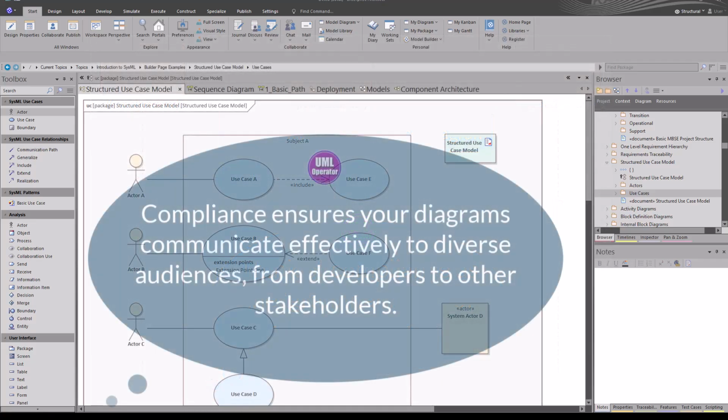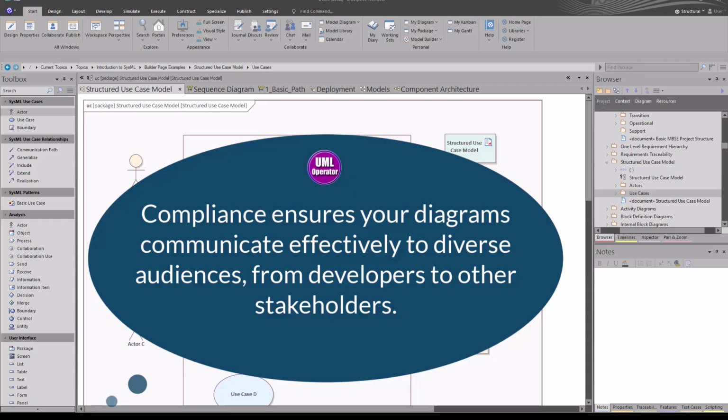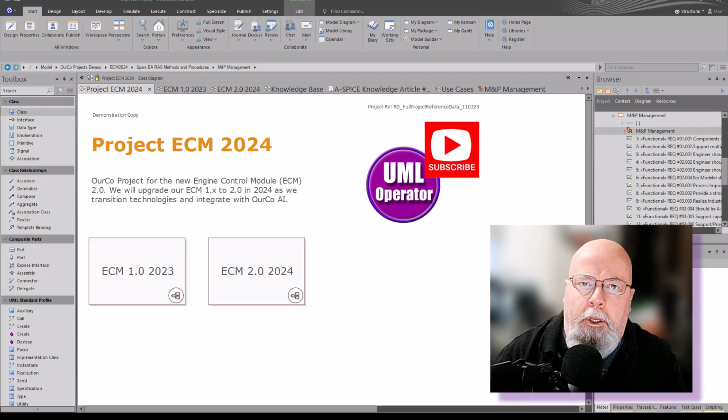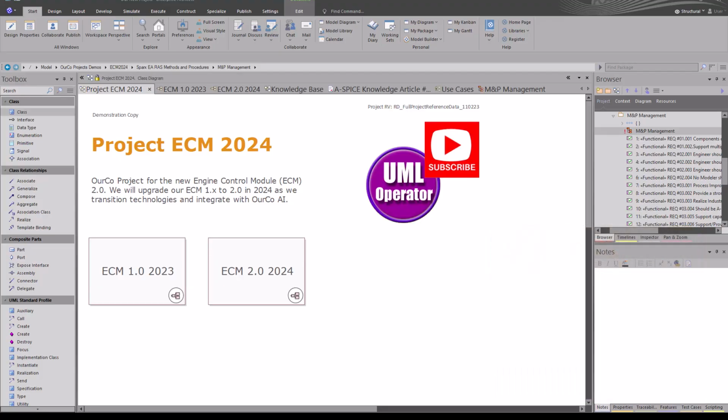For advanced UML modelers, compliance ensures your diagrams communicate effectively to diverse audiences, from developers to other stakeholders. But here's the real question. Do you always need to comply with UML standards? Let's find out.